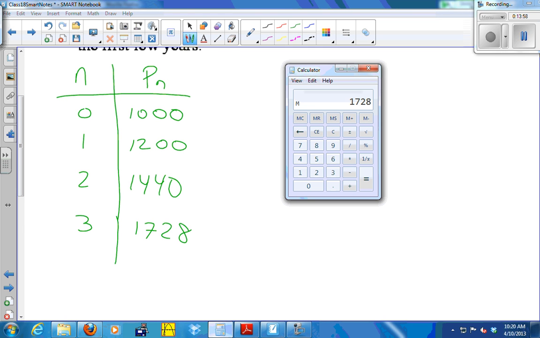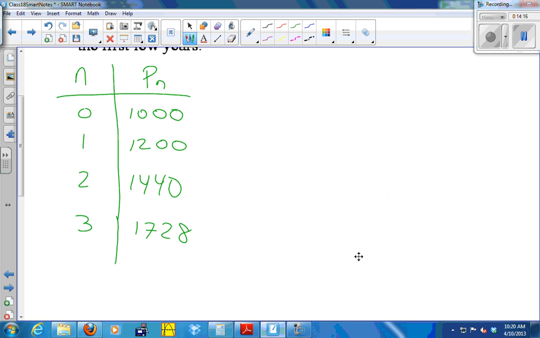So 1728 divided by 1440, 1.2. And 1440 divided by 1,200, 1.2. 1,200 divided by 1,000, 1.2. So we call that number that you multiply by the common ratio. We usually use the letter R to represent it.